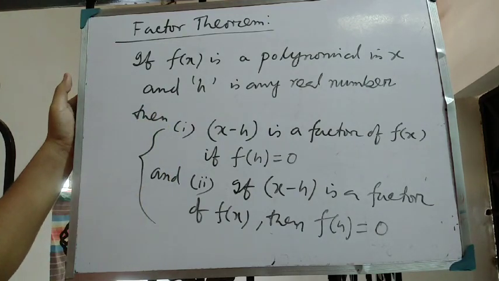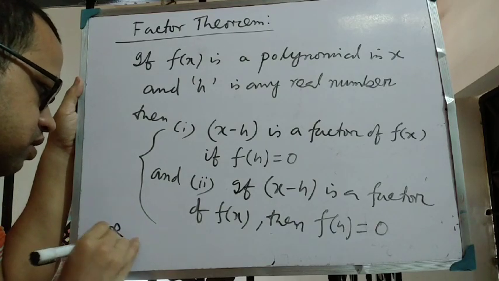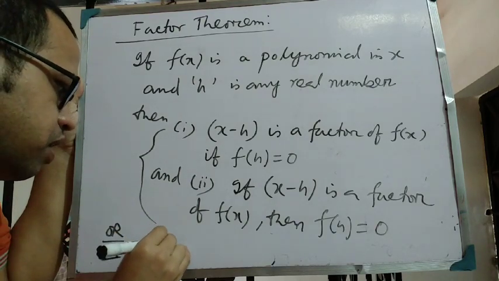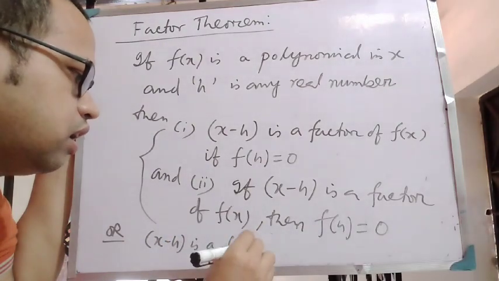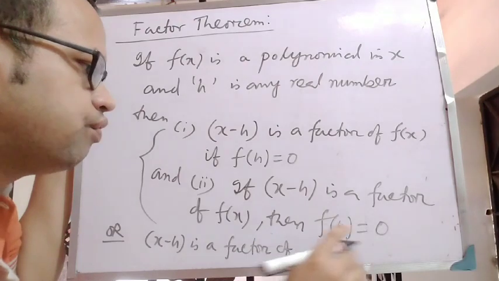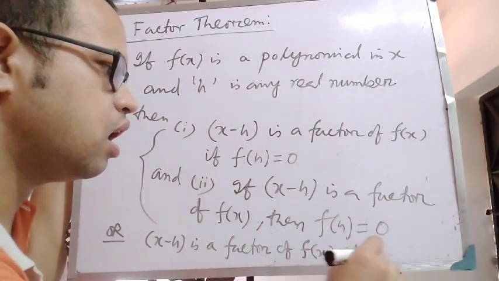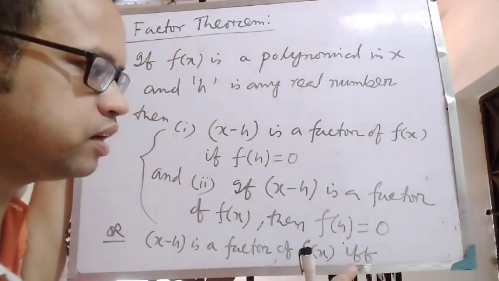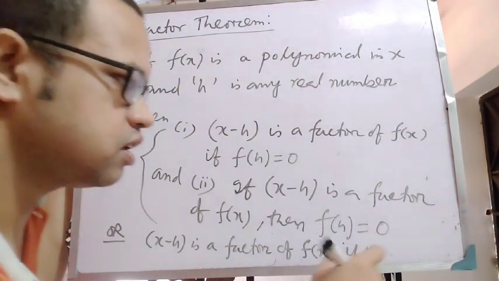You can write these two lines in a complete sentence. How? The equivalent statement is x minus h is a factor of f(x) if and only if f(h) equals 0. I have written double f, no mistake is there.